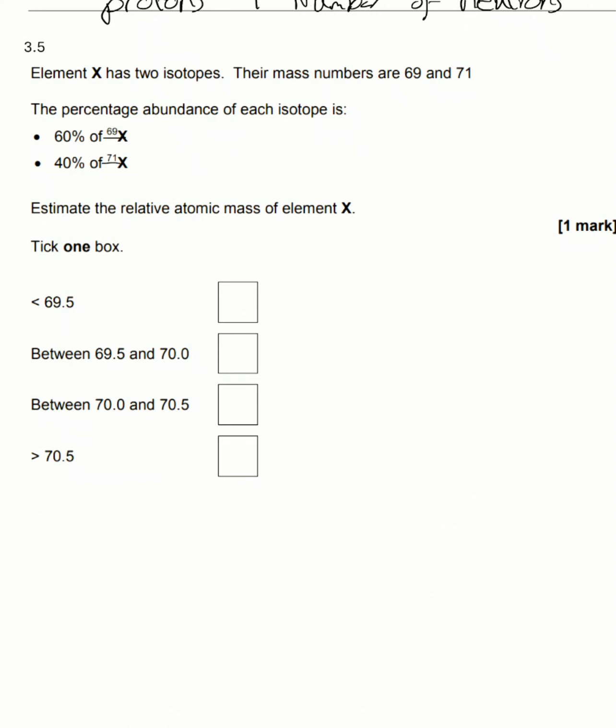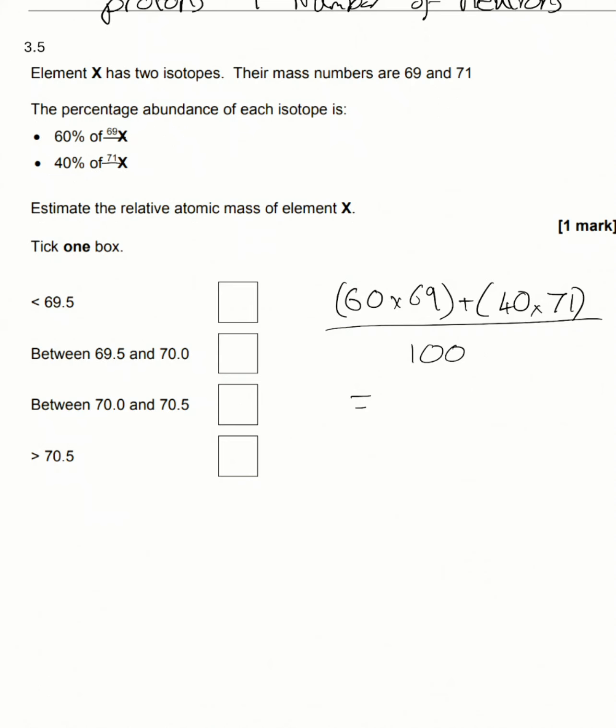To be absolutely sure, you could probably just go ahead and do the calculation. 60% times 69 plus 40% times 71 divided by 100. Now you're allowed to do this and write things next to the multiple choice question, that is absolutely fine.